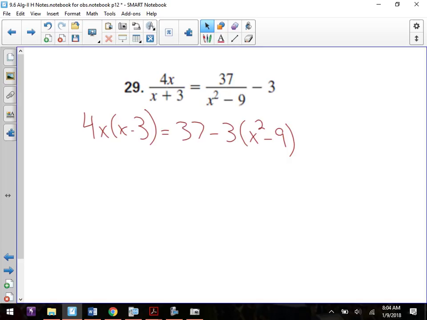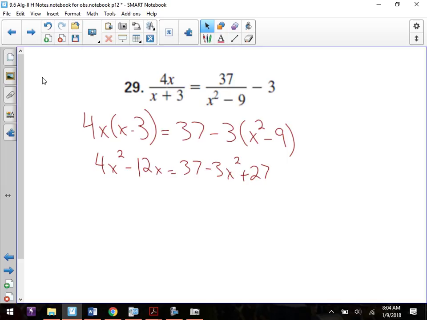I don't have to do it that way. I just find that it's cleaner. One less step. Now I distribute my terms and so on. So let's see, we get 4x squared minus 12x, minus 3x squared plus 27. Which means I'm going to want to move everything to the left.